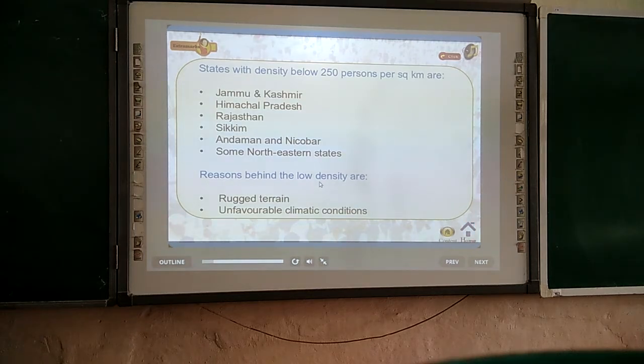States with a density below 250 persons per square kilometer are Jammu and Kashmir, Himachal Pradesh, Rajasthan, Sikkim, Andaman and Nicobar, and some northeastern states. Reasons behind this low density of population are rugged terrain and unfavorable climatic conditions.